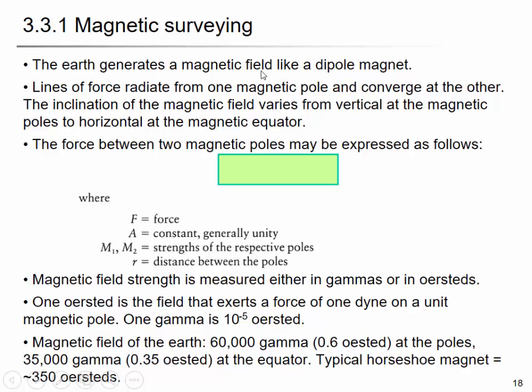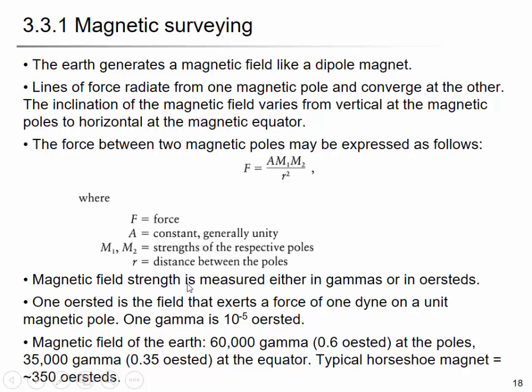Earth generates a magnetic field like a dipole magnet. And, okay. Force between two magnetic poles may be expressed as follows, similar to Newton's law, A times M1 times M2 over R squared. And R is the distance between the poles.